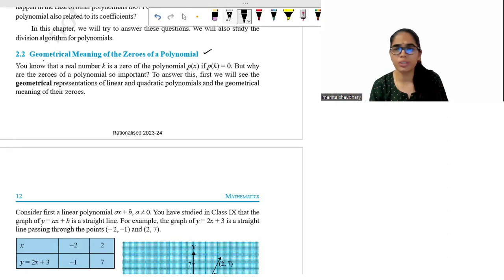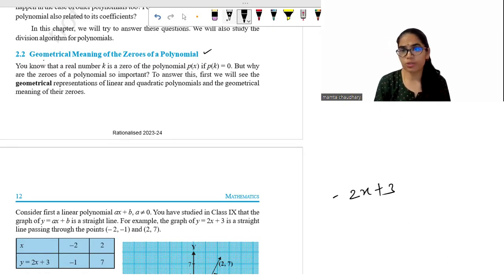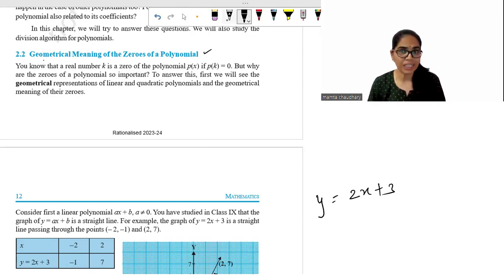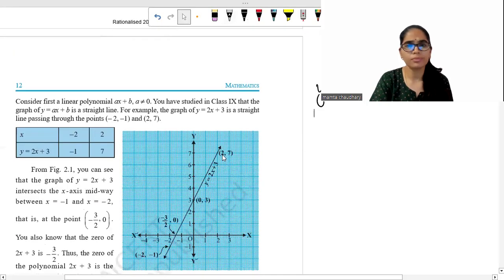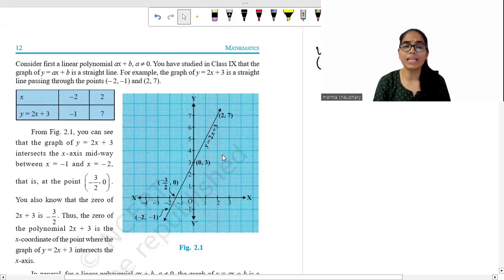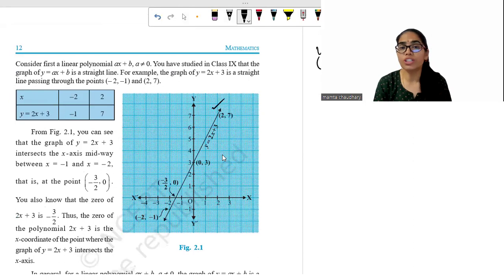Now there is a question like 2x plus 3. It is a polynomial, so I'm writing it as y equals 2x plus 3. Here I need to see how many zeros there are. You can see this is a line, which is represented by this equation.